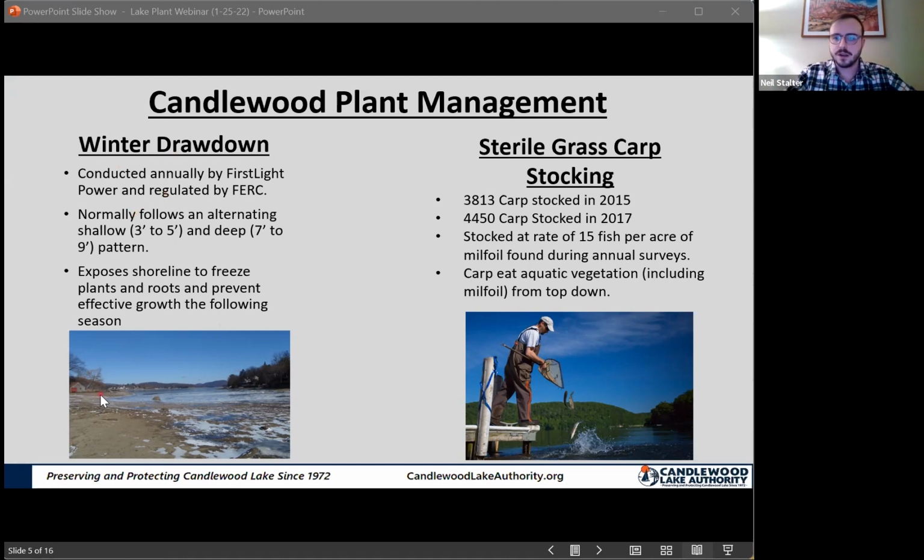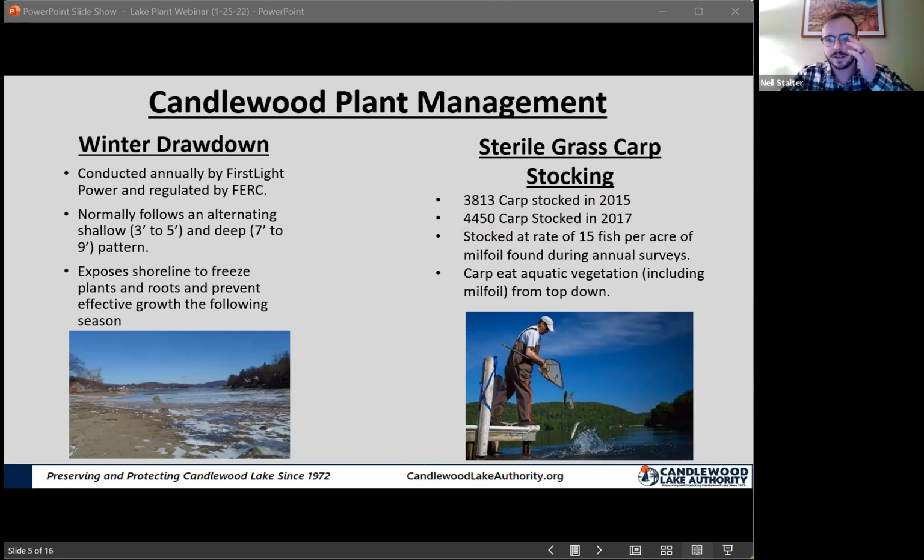And then the other management strategy that has been used in Candlewood Lake is, of course, the sterile grass carp stocking. That was a program through the CLA and the Connecticut Department of Energy and Environmental Protection. These fish were introduced two separate times into the lake. The first was a stocking of 3,813 fish in 2015, and the second was a stocking of 4,450 fish in 2017.